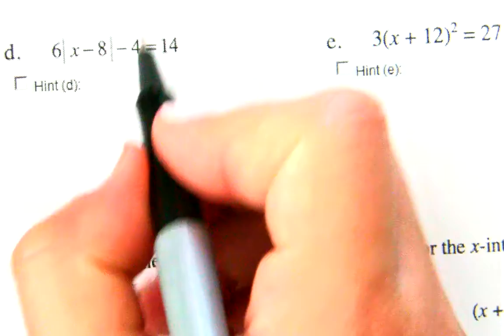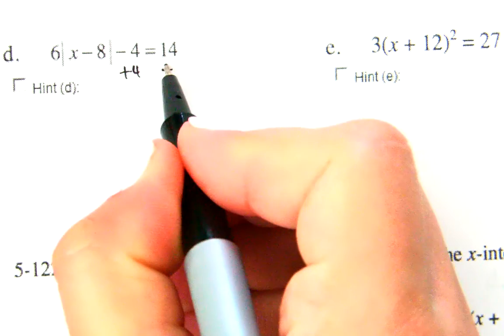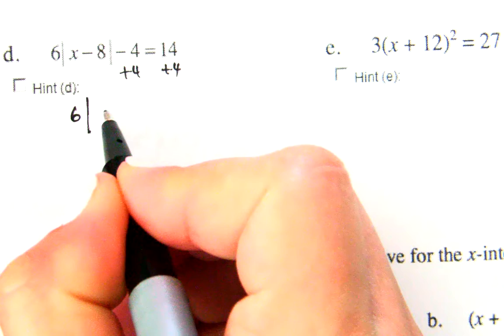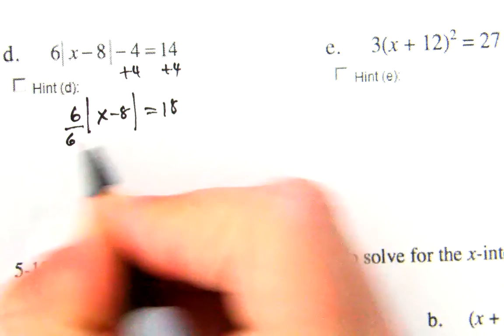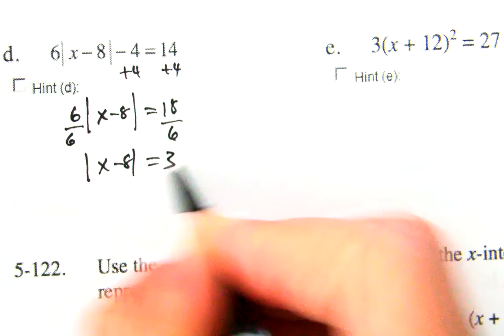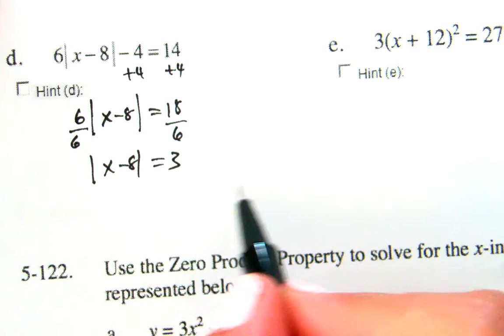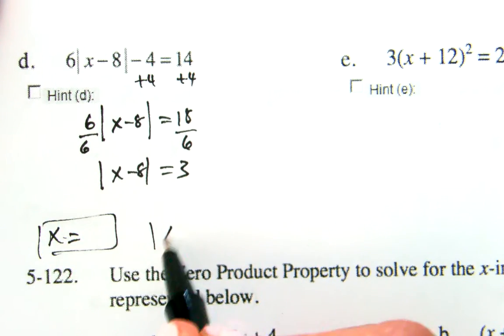Part D, we have to fix this first. So we're going to add 4 to both sides. So we get 6 times the absolute value of x minus 8 equal to 18. Divide by 6, divide by 6. We have the absolute value of x minus 8 equals 3. And now you're basically in the same spot that you were for part A. So x minus 8 equals 3, x minus 8 equals negative 3, and then you should get 2 answers for x on this one also.